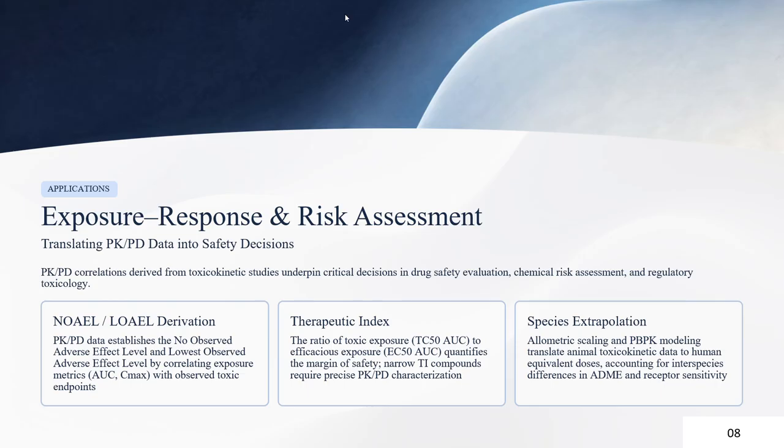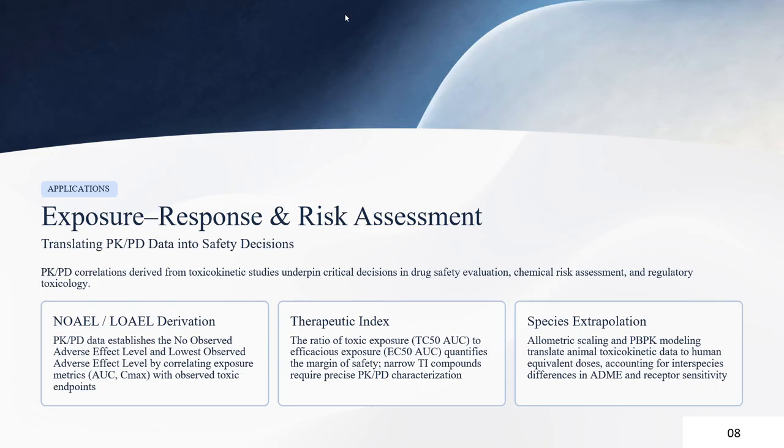Then, exposure-response and risk assessment. First is NOAEL and LOAEL, that means no observed adverse effect level and lowest observed adverse effect level. PKPD analysis helps to identify this NOAEL and LOAEL. The second is the therapeutic index.